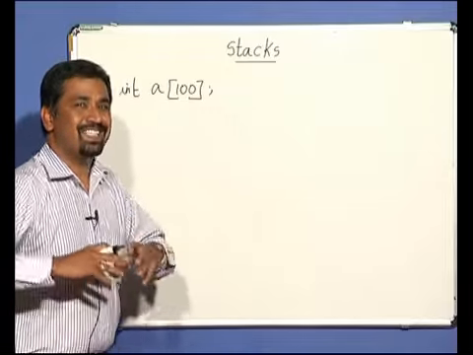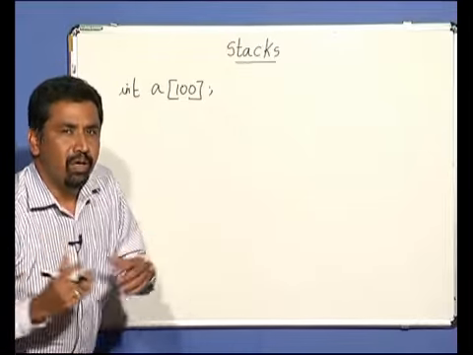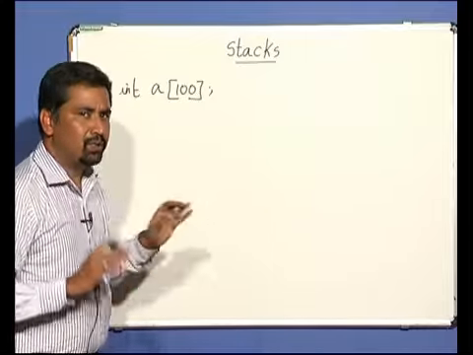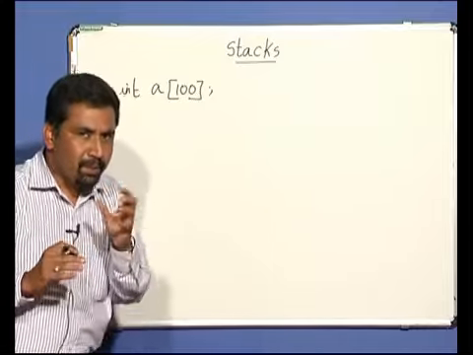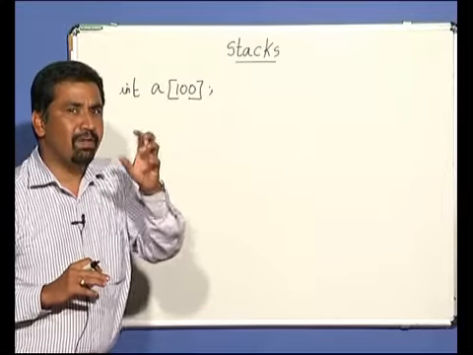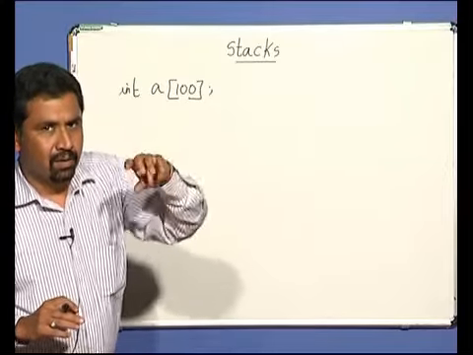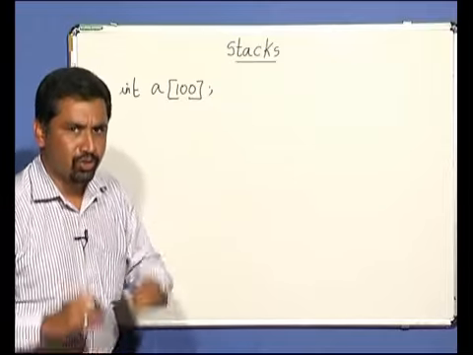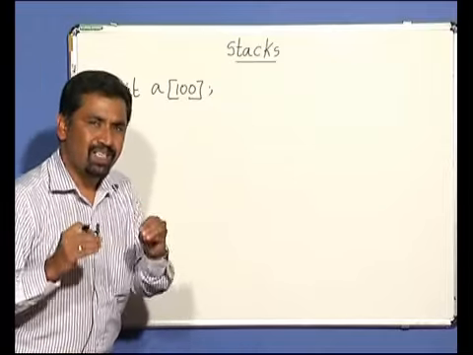If you have a stack of floating point values, then obviously you will have to declare a corresponding array. So that's what I want you to notice. Depending on the type of values you want to store in the stack, the corresponding type of array must be declared. Right now I am assuming that I am going to have a stack of integers.